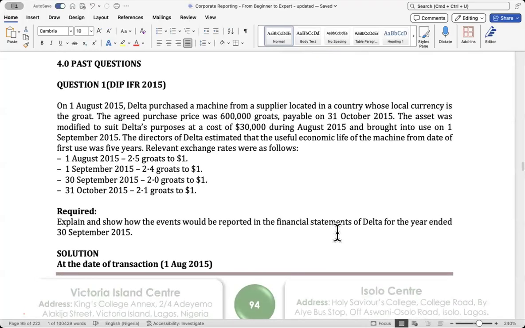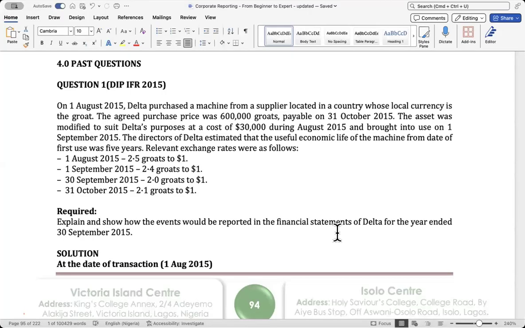Okay, now let's solve past questions to strengthen our understanding before we trickle down to the last diet question. So this one was a DipIFR question, 2015. It says on 1st August 2015, Delta purchased a machine from a supplier located in a country whose local currency is the goat.